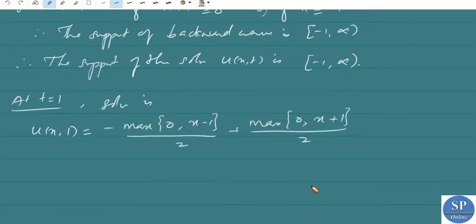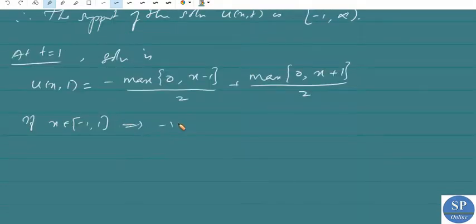Okay, so this is our solution at t equal to 1. Now if x lies between minus 1 and 1, that is minus 1 less than or equal to x less than or equal to 1, we have x plus 1 greater than or equal to 0, and x minus 1 is less than or equal to 0.